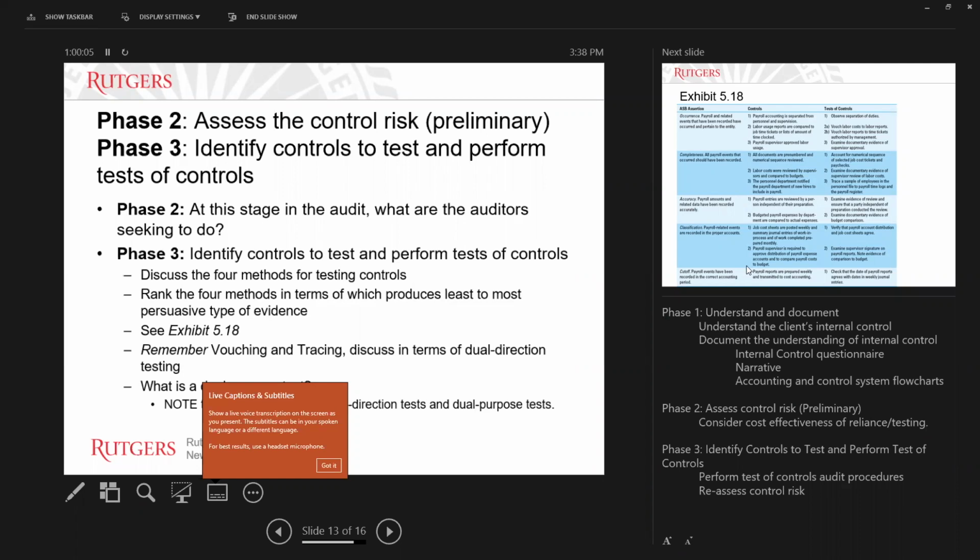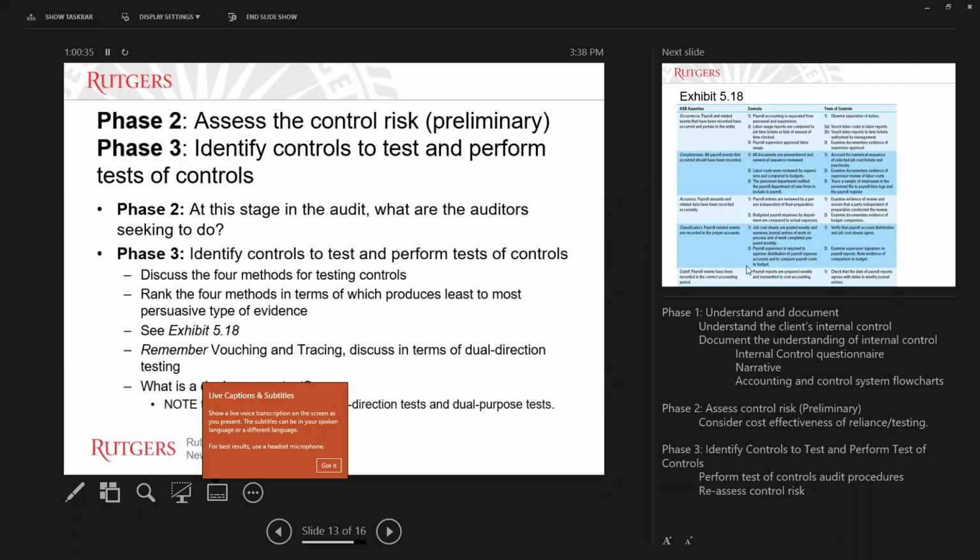Remember, to make it a procedure, you have to make it an action. So the auditor looking at or examining the initials and the date on those documents makes it a test of control, right? Because remember, a control is an action, it's a procedure. So the auditor has to go to determine if that action had happened, if it's working. Okay. So if you say shipping document, that's just a document.